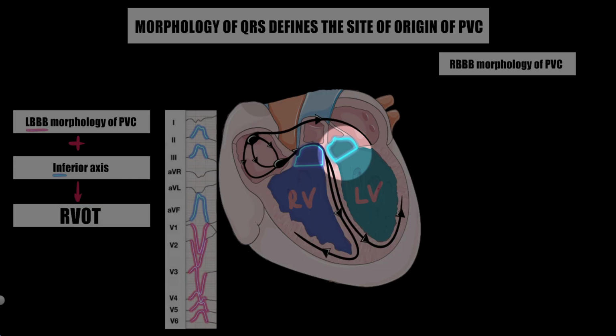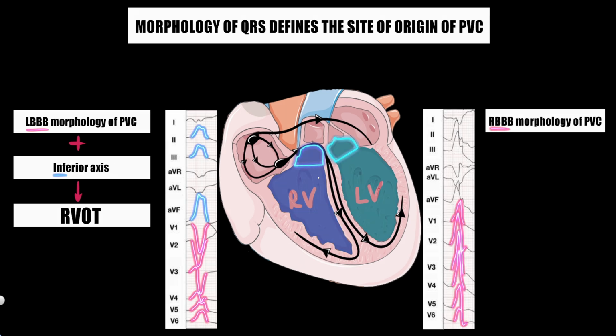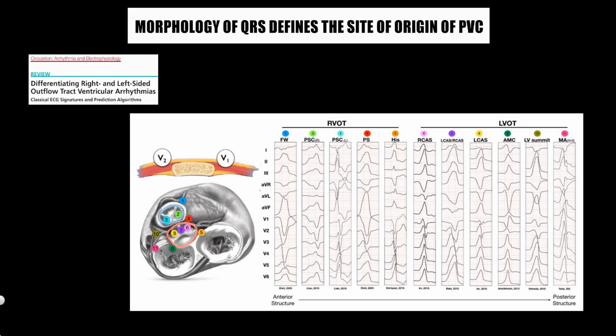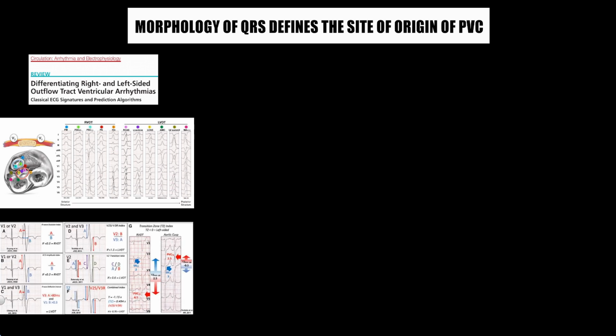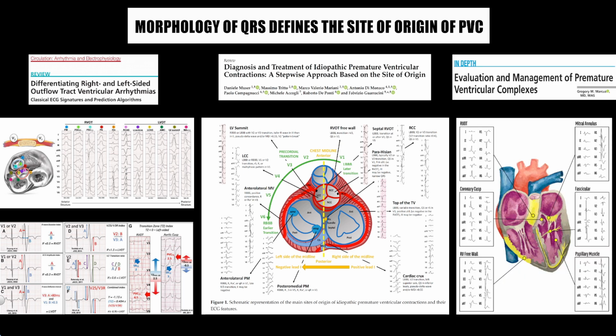At the same time, left ventricular outflow tract PVC is characterized by right bundle branch block morphology and inferior mean QRS axis. Different articles can help you evaluate the site of origin of PVC. Here and in the description of this video, I left resources that I usually use on everyday basis to check the PVC site of origin.